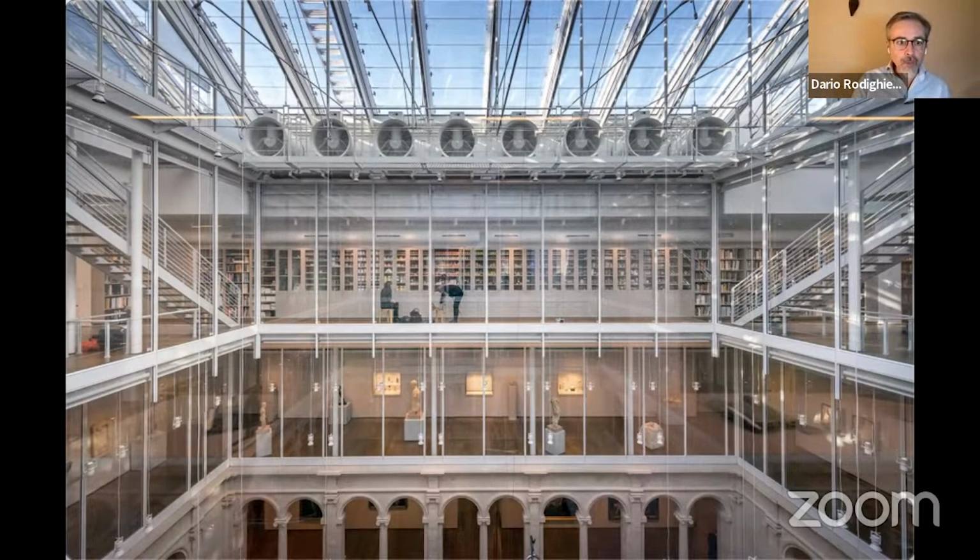So what we did was to create a visualization with all the images of items from the archive. And it was a beautiful collaboration with Lindsay Derry and other colleagues from the Meta Lab, and also the DH Lab from Yale University. And we created this beautiful visualization.